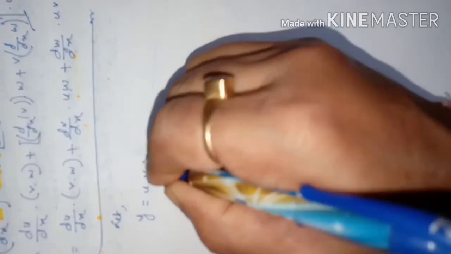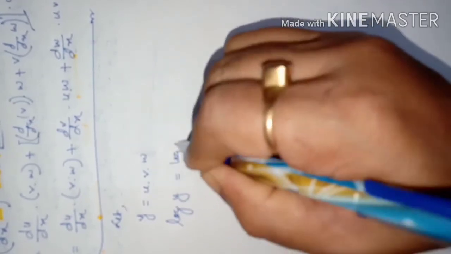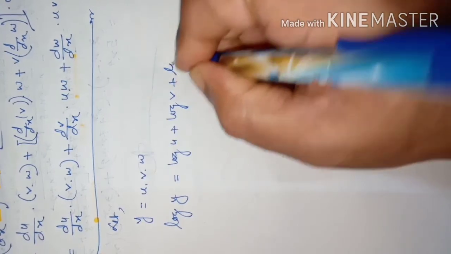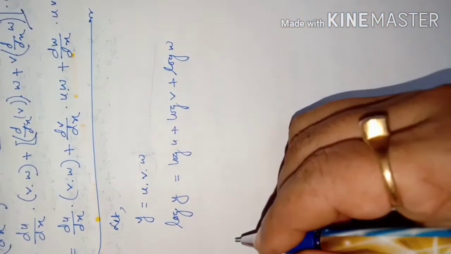Now by the second method using logarithm, say y equal to u into v into w. If we use logarithm here, log y is equal to log u plus log v plus log w.